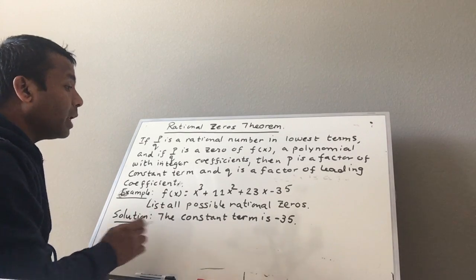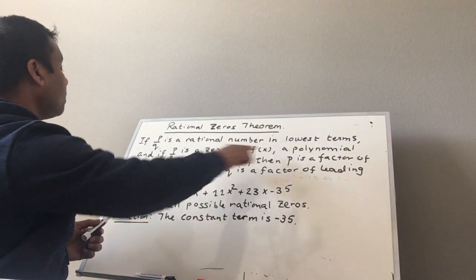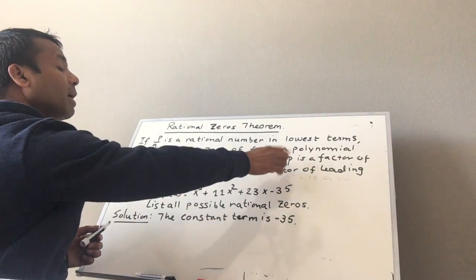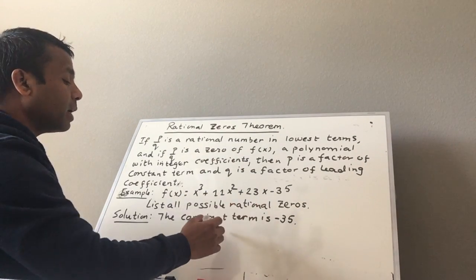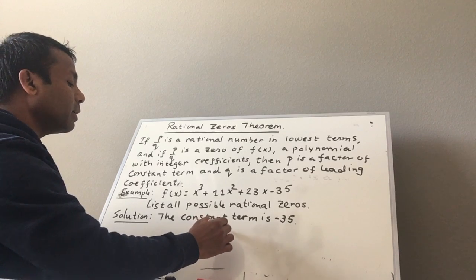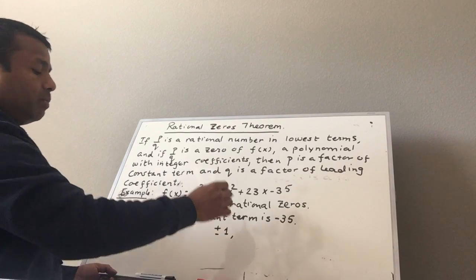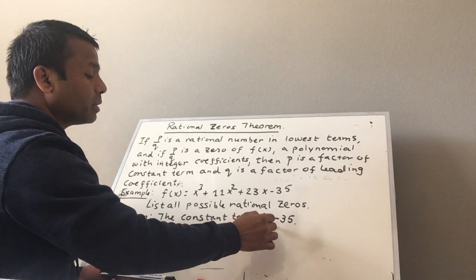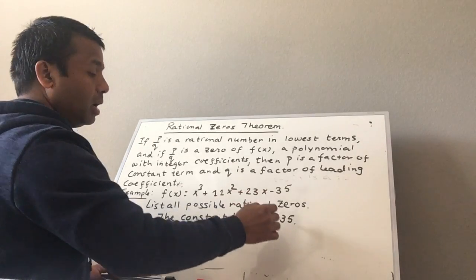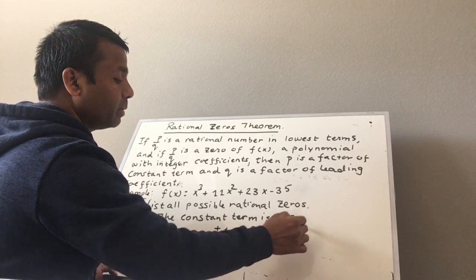The factor of the constant term is denoted by P, so the factors of negative 35 are plus or minus 1, plus or minus 5, plus or minus 7, and plus or minus 35.